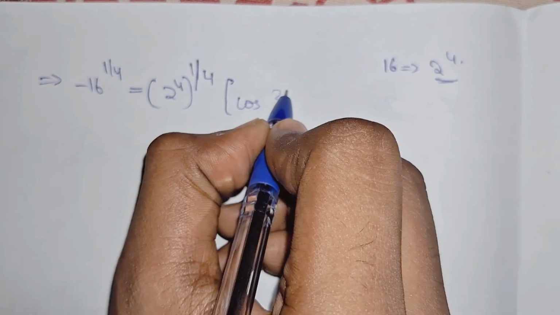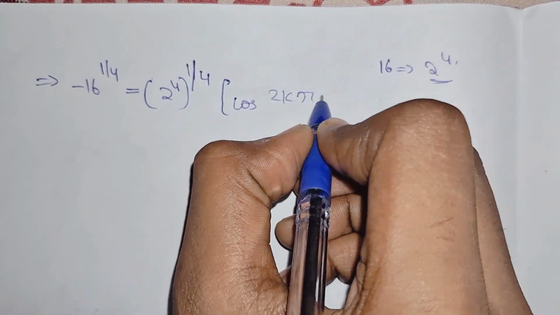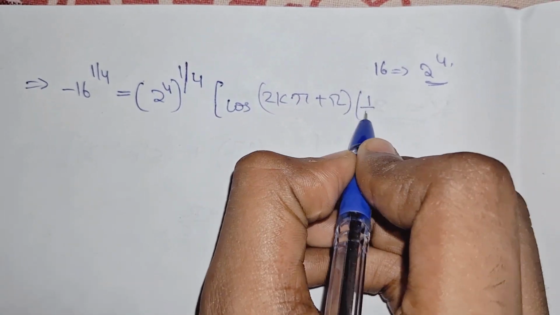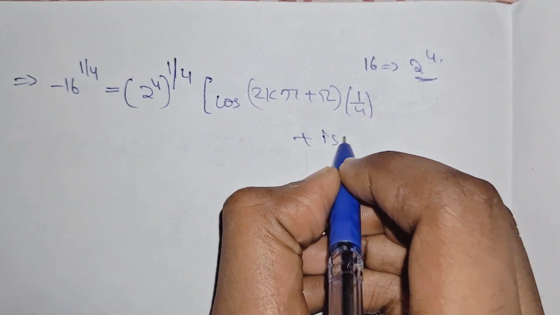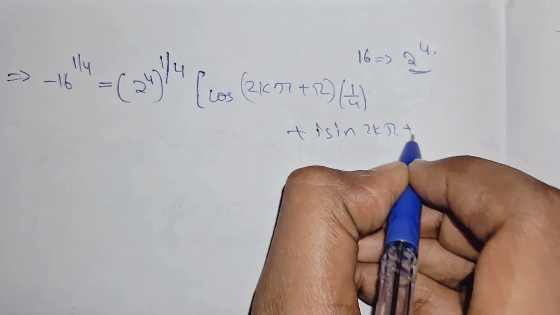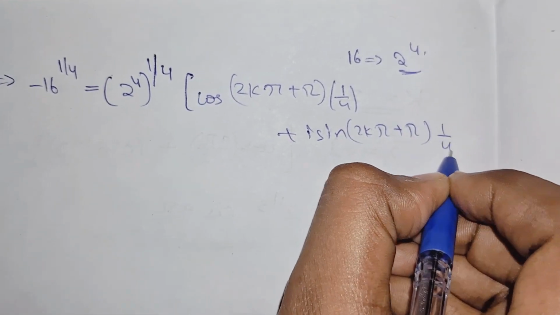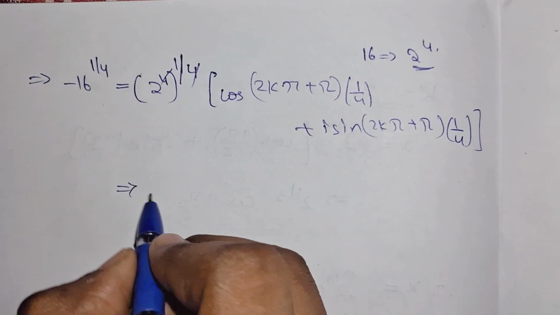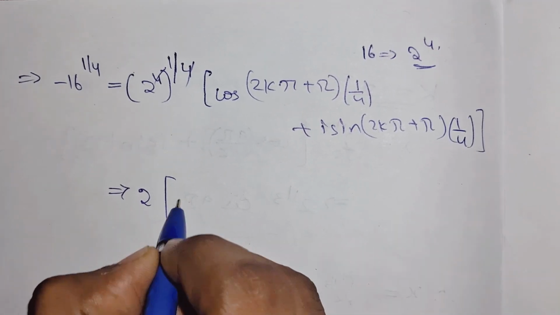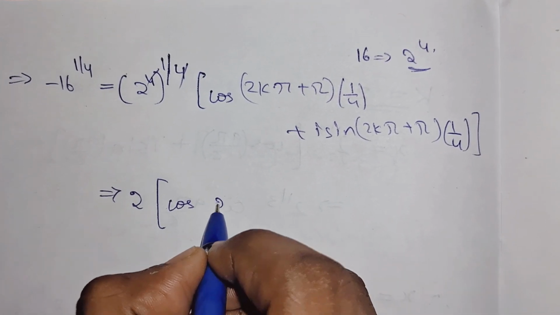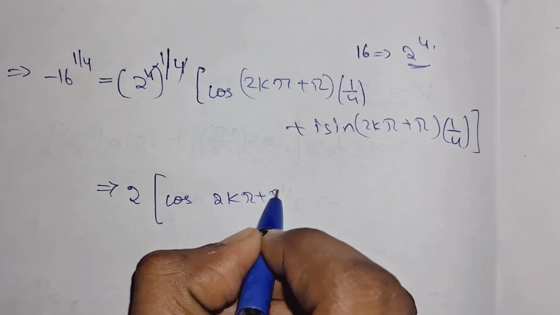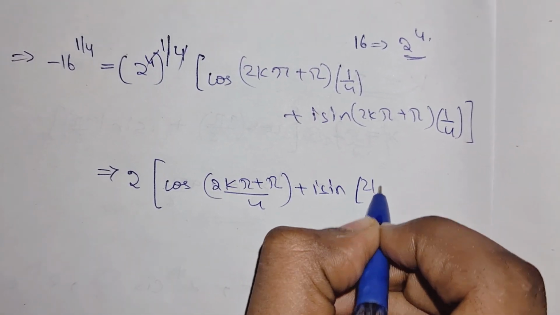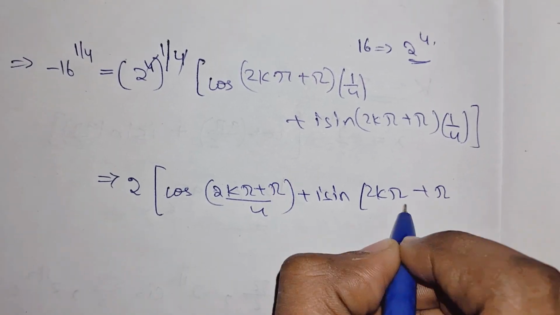into cos (2k pi plus pi) into 1 by 4 plus i sin (2k pi plus pi) into 1 by 4. Now this 4 can be cancelled here, so we will be left with 2 cos (2k pi plus pi) by 4 plus i sin (2k pi plus pi) by 4.